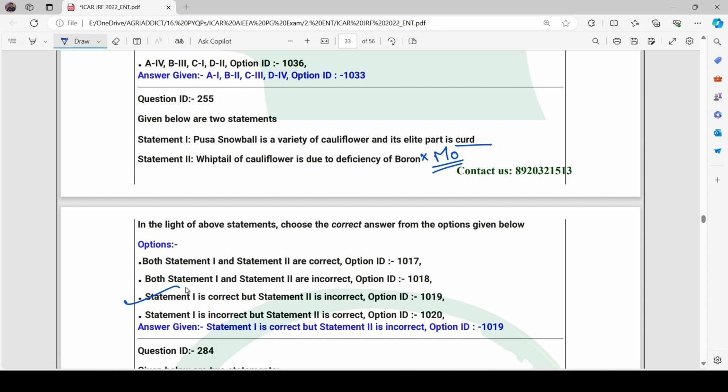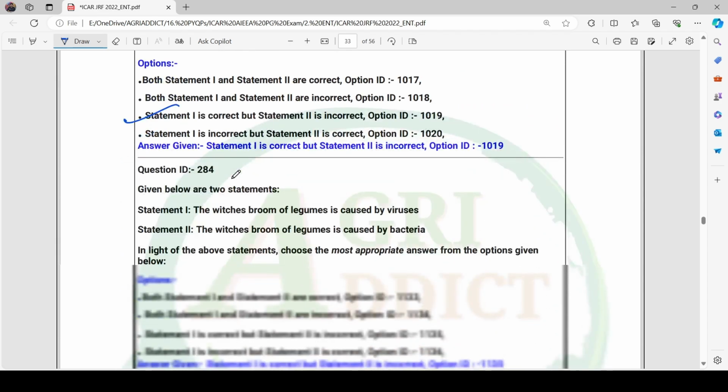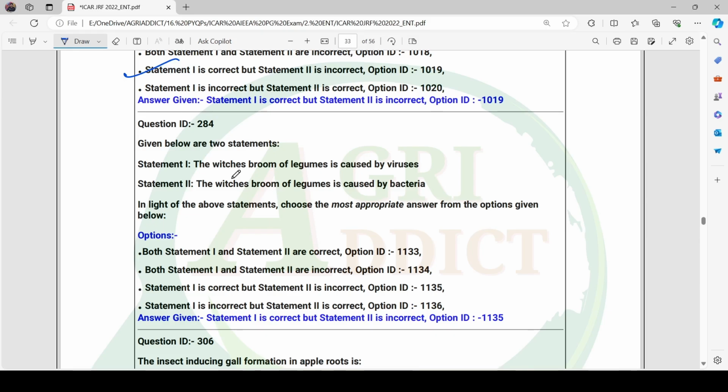So statement 1 is correct, but statement 2 is incorrect. Next, the witch's broom of legumes is caused by viruses. Then statement 2 is, the witch's broom of legumes is caused by bacteria. Both are wrong. Witch's broom is caused by mycoplasma. So both statement 1 and 2 are incorrect.